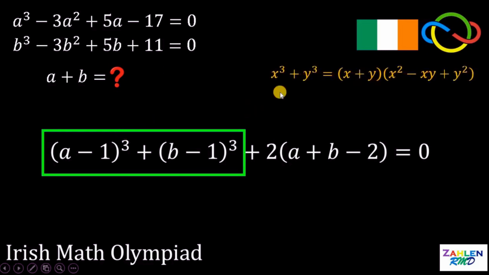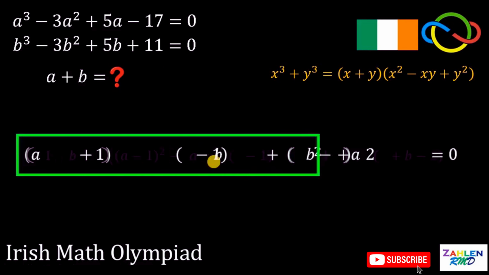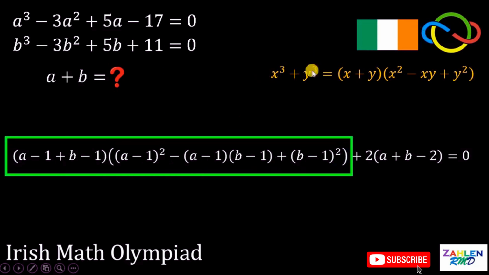Therefore, we can use this identity: x cubed plus y cubed is equivalent to (x plus y) multiplied by (x squared minus xy plus y squared), wherein x represents a minus 1 and y represents b minus 1.